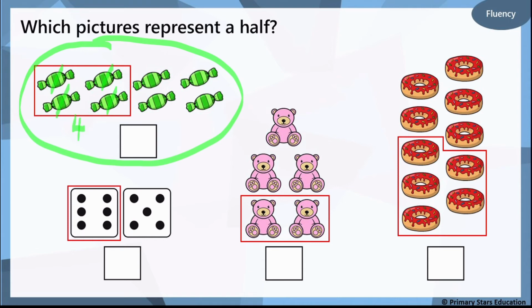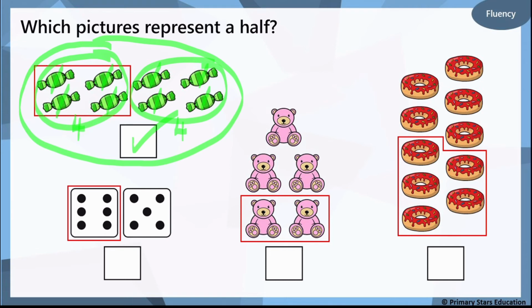How many sweets are left over? 1, 2, 3 and 4. Is that half then? Yes. Why is it half? Well done, because they are equal parts. There are 4 here and there are 4 here.